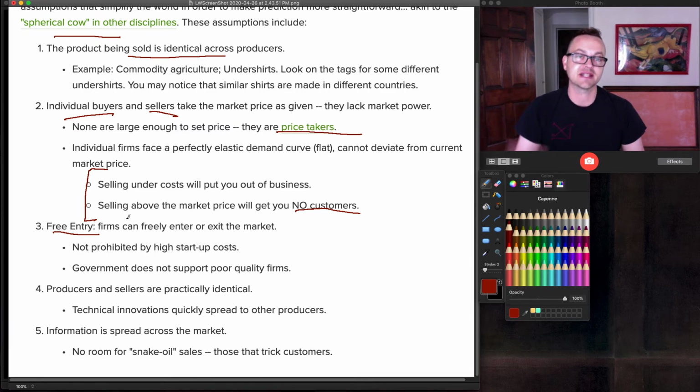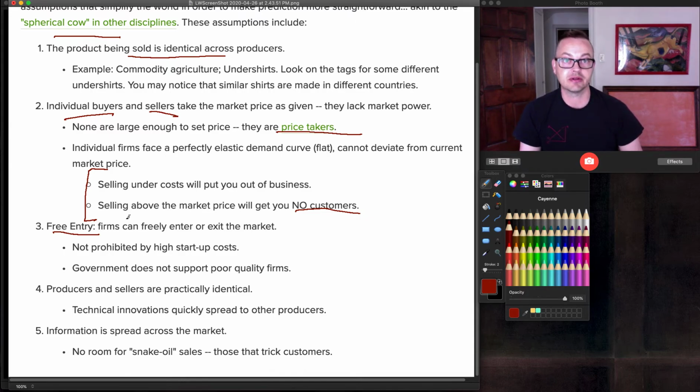So I have free exit in that interaction with that seller. I'm not bound to them. And in the same way, new sellers can freely enter the market. If you're growing apples, maybe just for yourself, and you see an opportunity in the market where you could make a little money, you can get into that market.